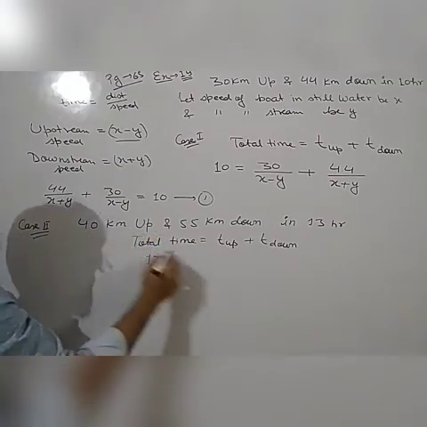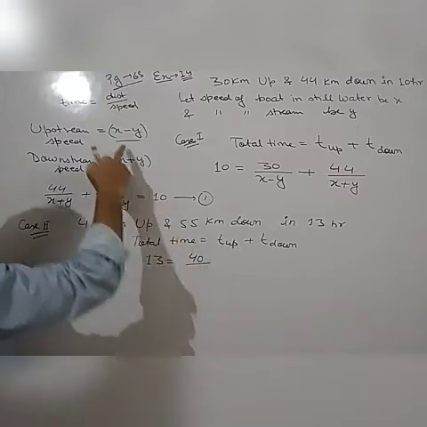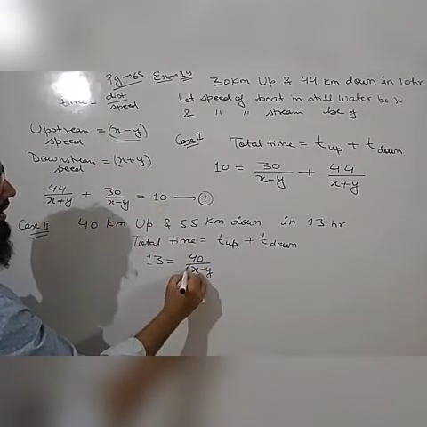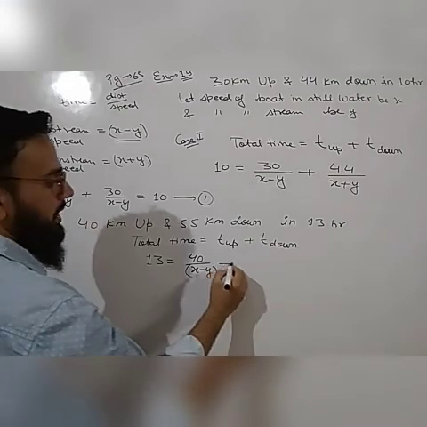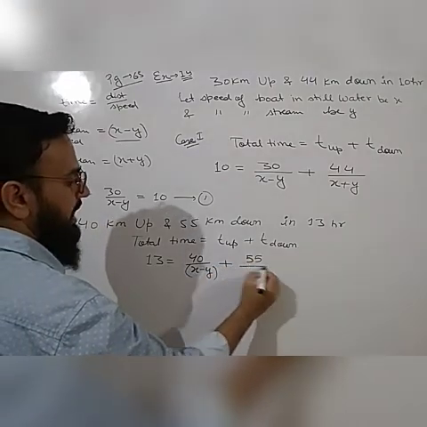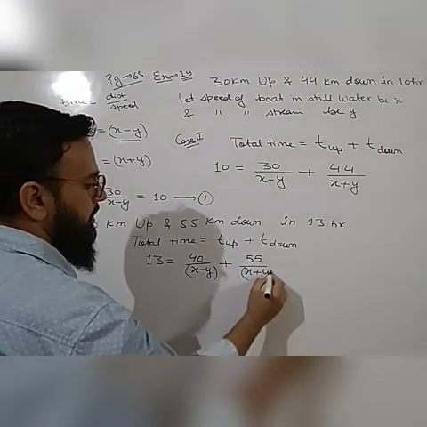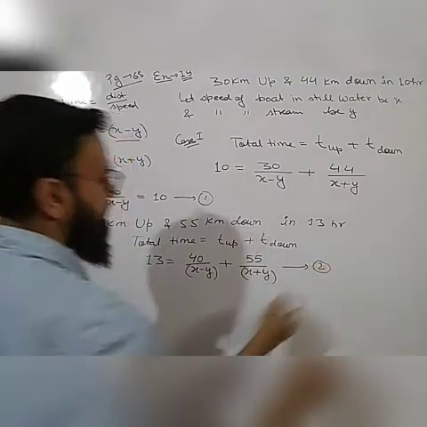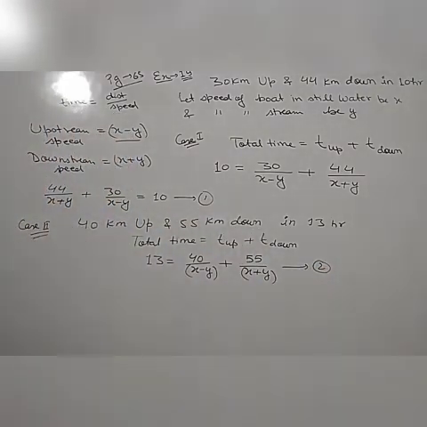So the distance of upstream is 40 and the speed of upstream is x minus y. So it will be 40 upon x minus y plus 55 upon x plus y. So it is our second equation: 40 upon x minus y plus 55 upon x plus y is equal to 13.